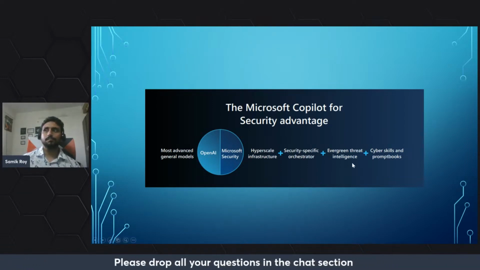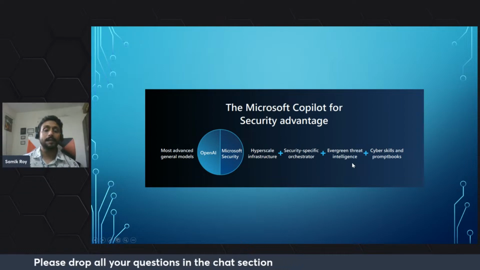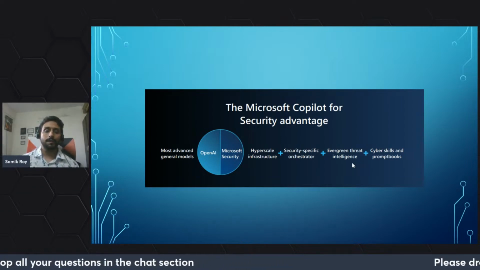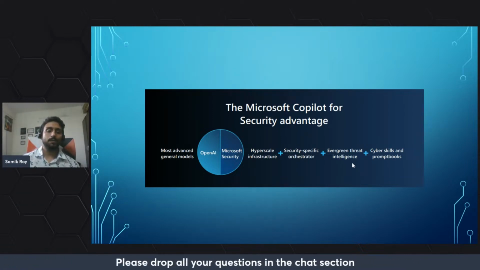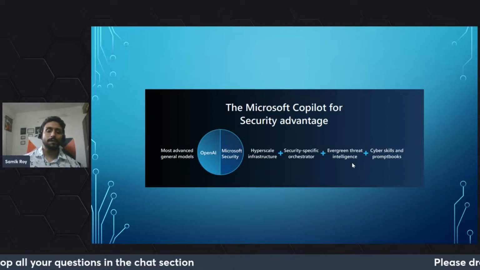Apart from that, there are some add-ons. It is also tied up with Defender Threat Intelligence, which is arguably the biggest threat intel platform, with heavy investment at Microsoft as well. So that capability is also ingested.